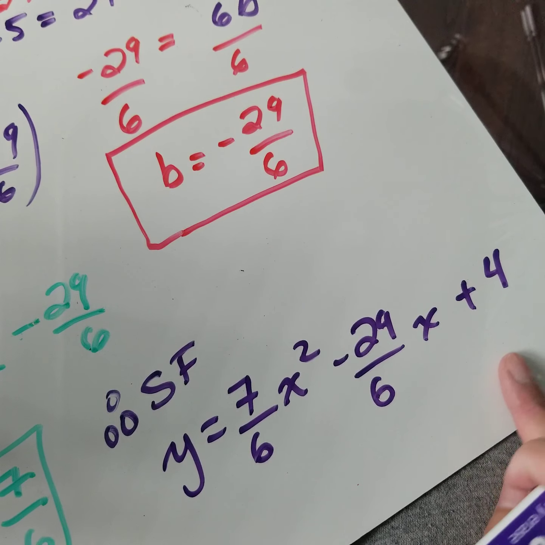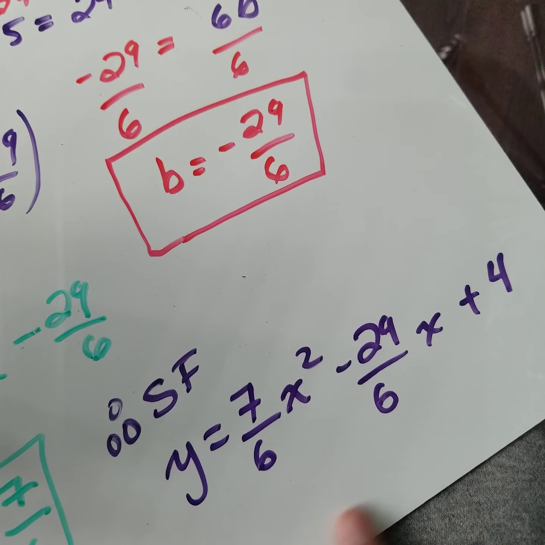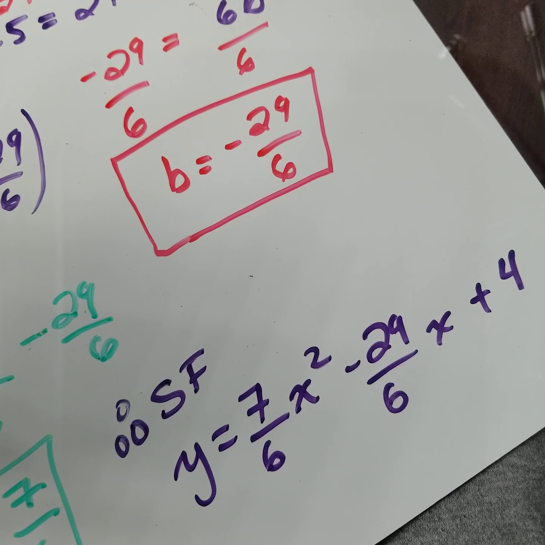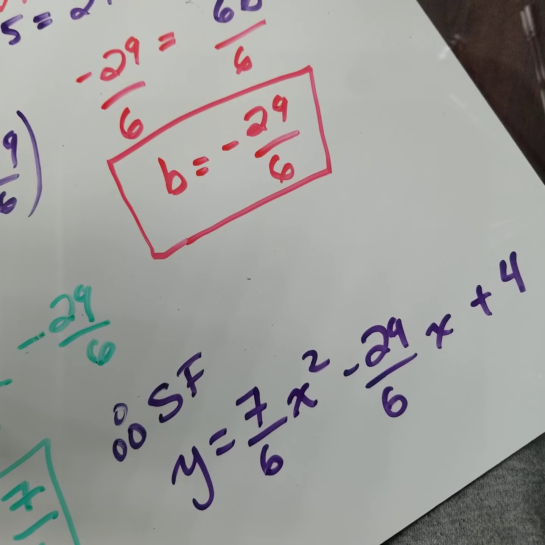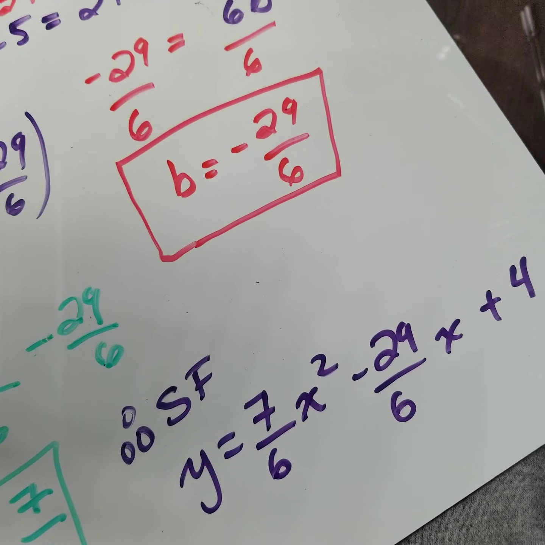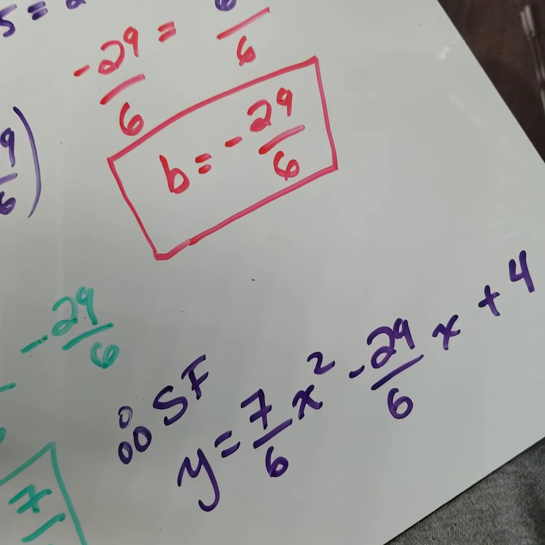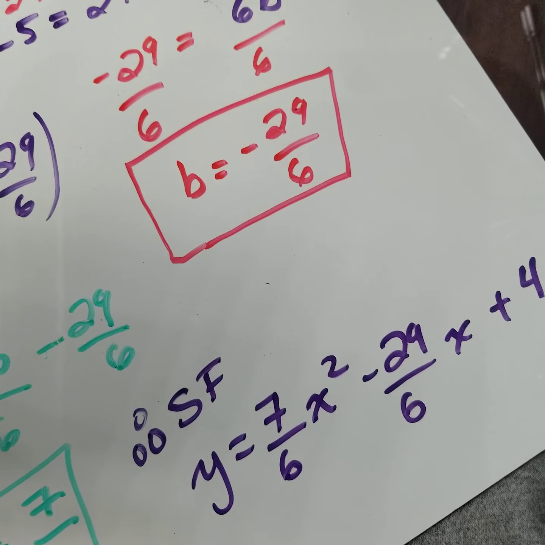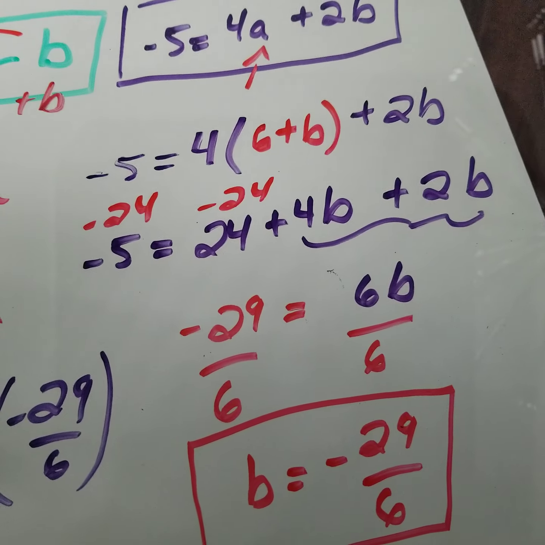So of course, like always, we're going to check on Desmos to make sure that if we input all of these values, it actually goes through those points that we originally labeled on the graph. And if it's not, we made an algebraic mistake, which is fine. We could always try again.